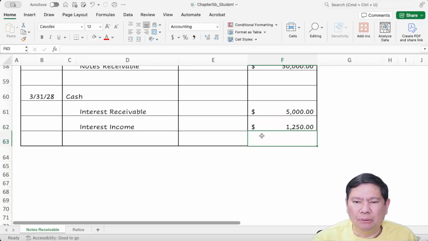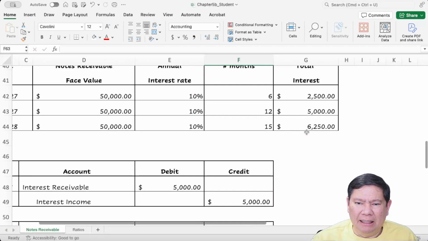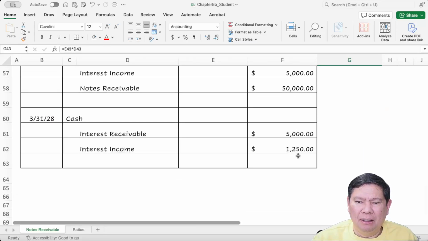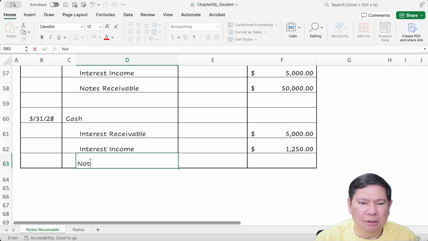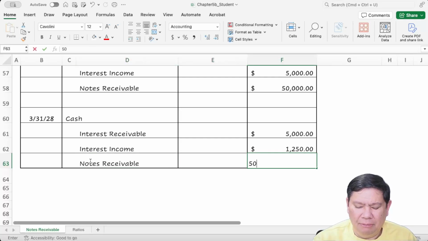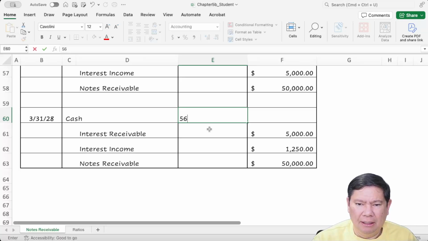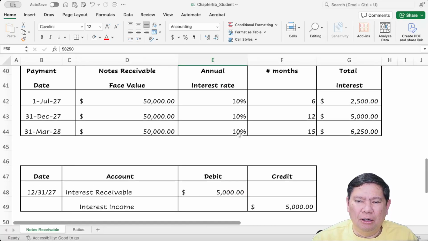Okay, 1,250. If you look at this is 1,250 more than that. Okay, so that's for 3 months, 1,250. We need to cancel our notes receivable, $50,000. Okay, so the cash that we are going to receive is $56,250, which is 50,000 plus the total interest here.